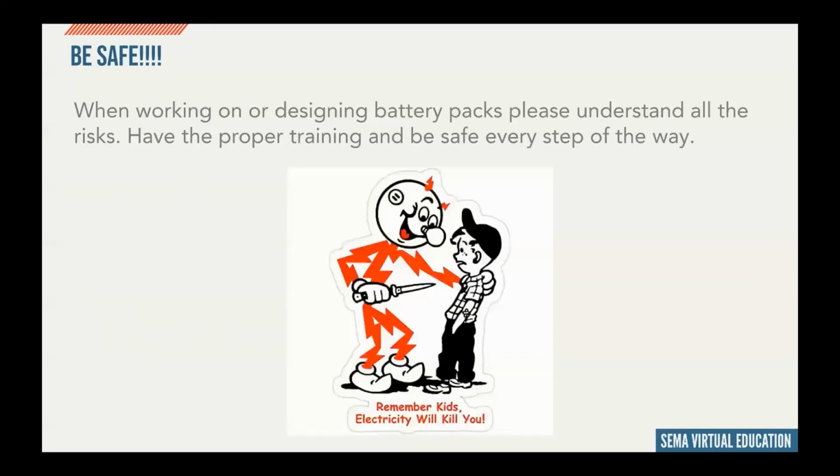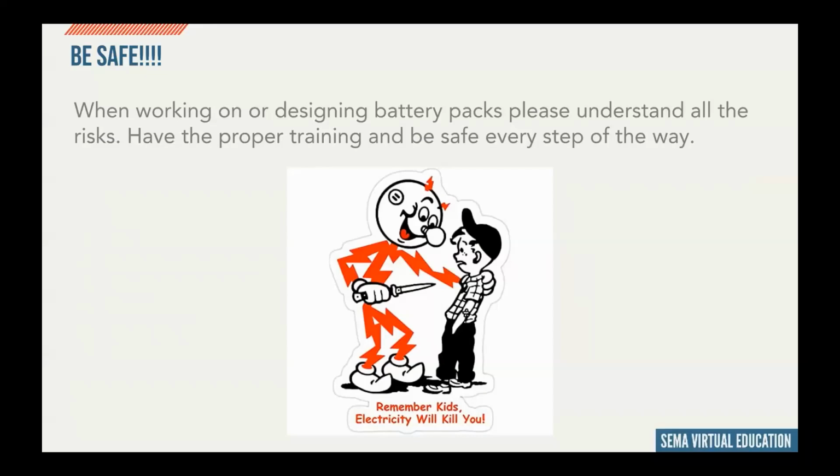Overall, the most important thing to understand is to be safe. A battery pack design, development, and assembly is essentially the most dangerous part of a high voltage system. This is where high voltage exists and high current exists. So any other part of a high voltage system or an electric vehicle usually does not have live current, or should not, while you're working on it or designing it.